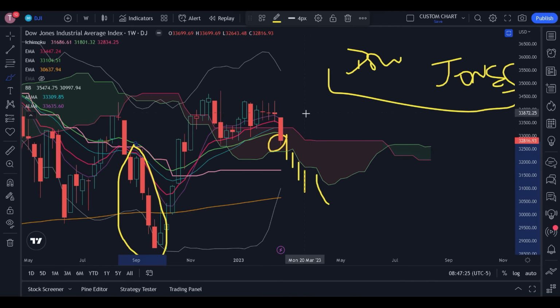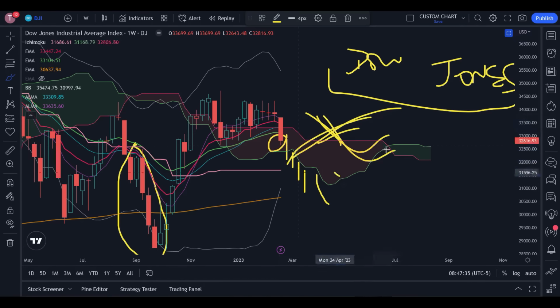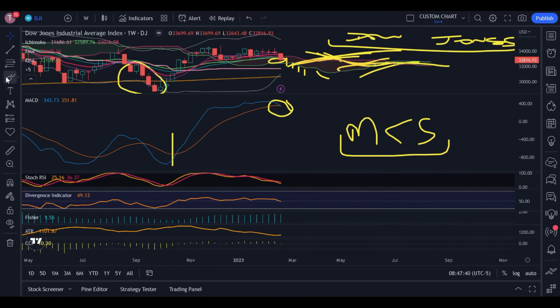The MACD does not give frequent changes, up, down, no. Particularly on the weekly chart, it will take its time, at least a month or 2, before it can give you the next reversal.